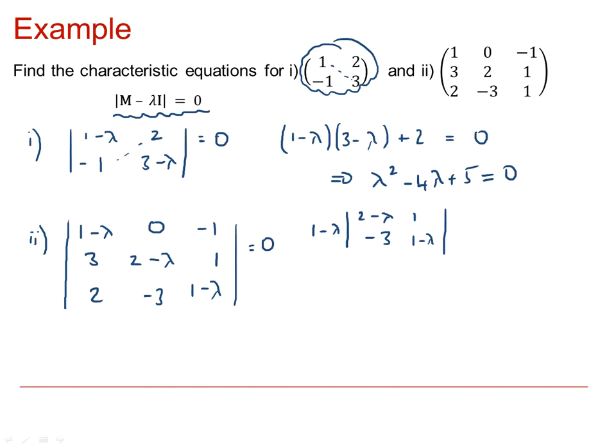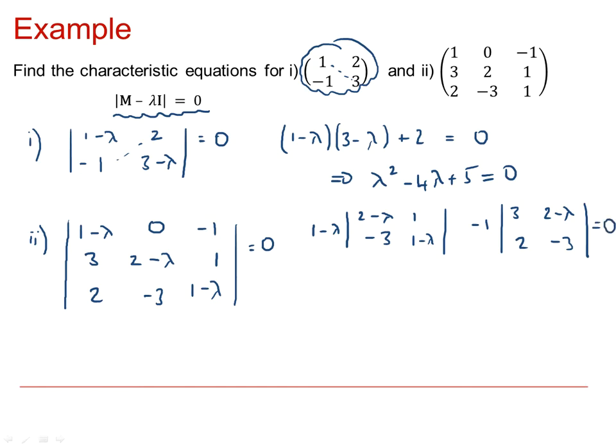The next element in the first row is 0, so we can ignore that one. And then we get minus 1 multiplied by the determinant 3, 2 minus lambda, 2 minus 3. If you multiply that out, firstly that must be equal to 0.